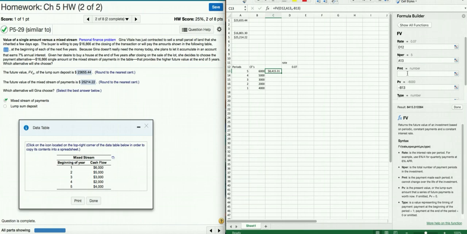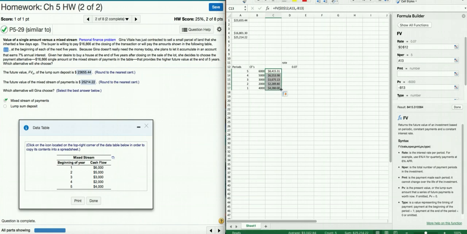So the way we get around that is we just use an absolute reference on the rate in the first formula, which is done with the dollar signs. And it really just locks in this cell D12 as the rate for each formula as we copy it down in column C. So I'm just going to click done there again, and we'll just copy the formula down to the other rows.